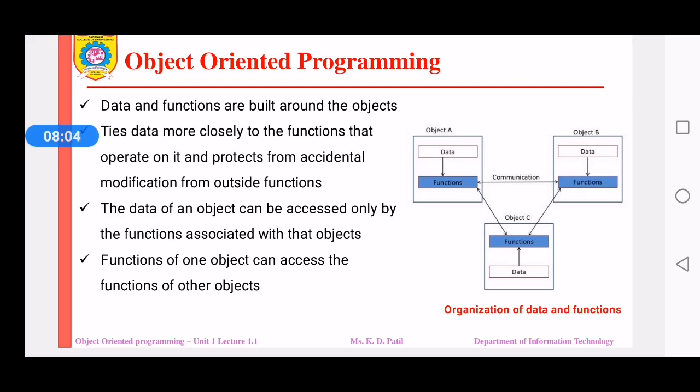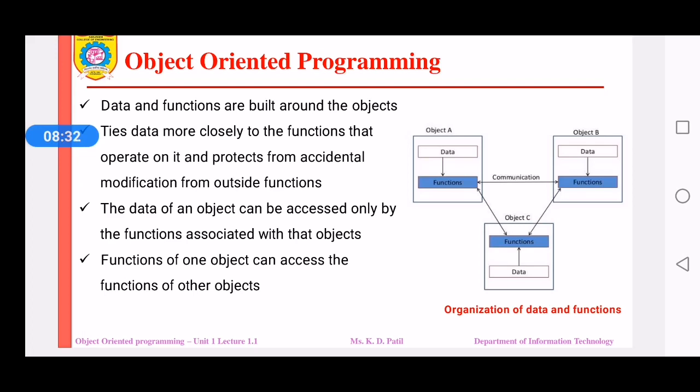With each function, data is associated, and that data is private. The functions of object A can use the data associated with object A, whereas the data associated with object B can be used only by the functions associated with object B. The data of an object can be accessed only by the functions associated with that object.